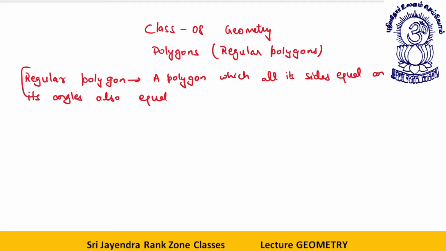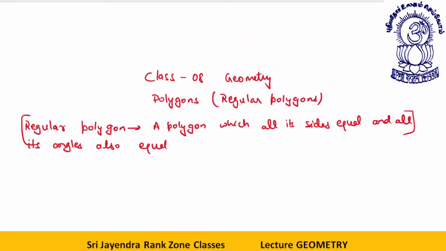This is what we are going to discuss today. A regular polygon is one in which all the sides and all the angles are equal.